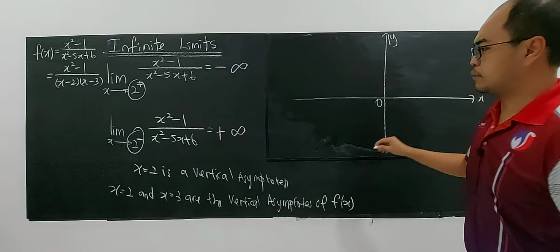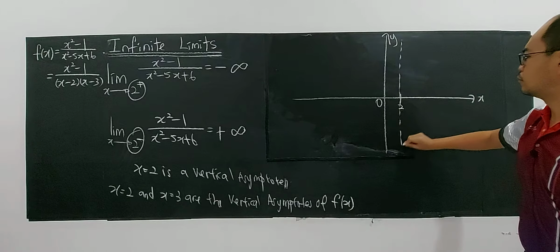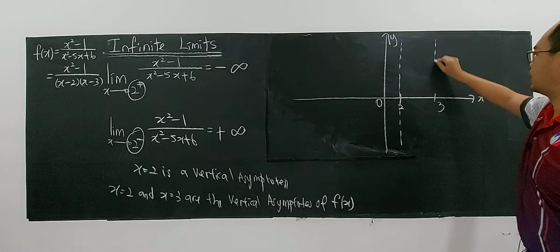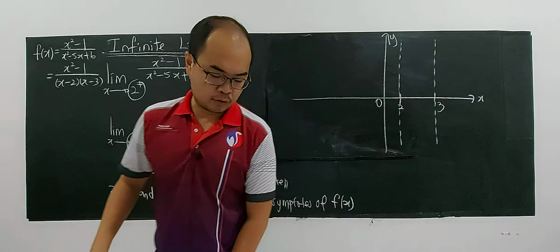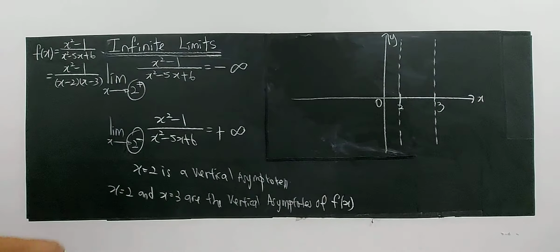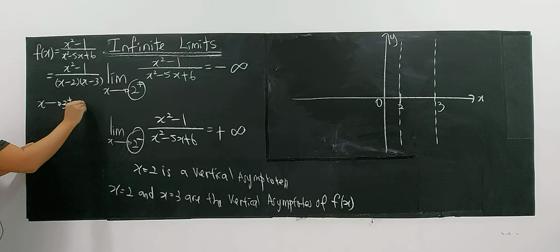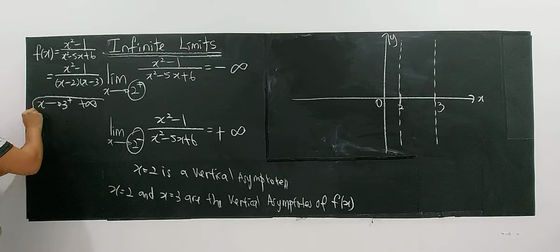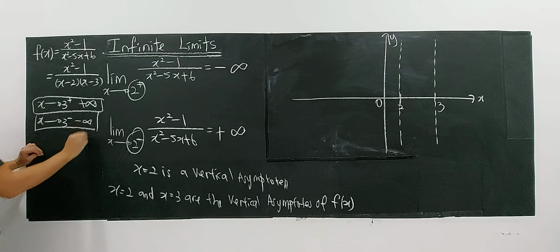So you have asymptotes at 2 and at 3. Just now, when x approaches 3 plus, you are getting positive infinity, right? When 3 minus, referring to the solution just now, you're getting negative infinity.